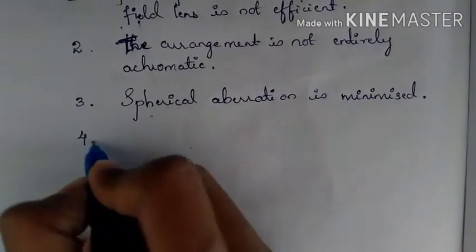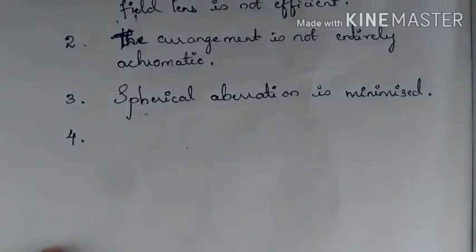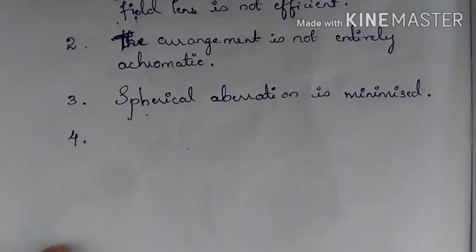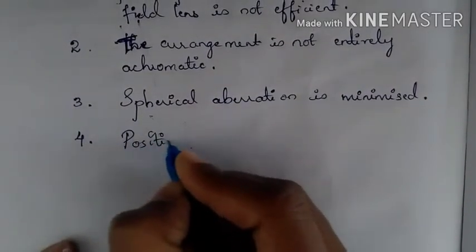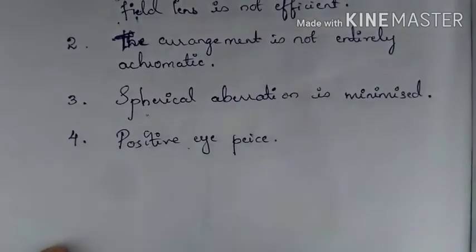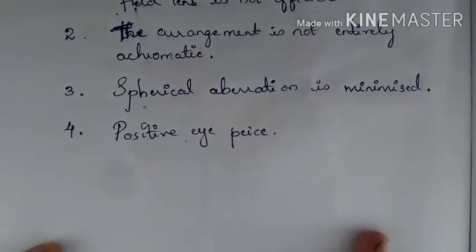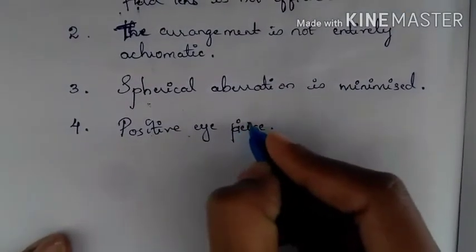Next, fourth, this eyepiece is commonly used in all optical instruments where measurements are to be made. It is a positive eyepiece. I have explained what a positive eyepiece is in our last class.